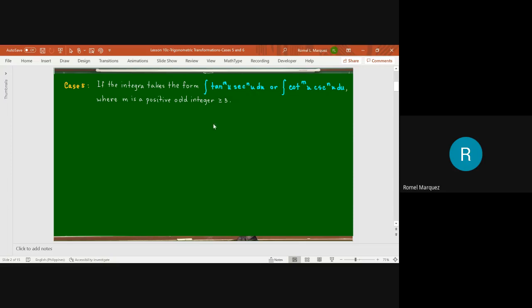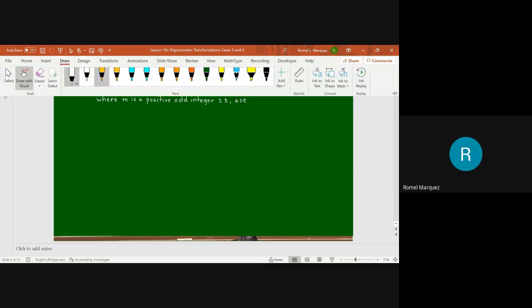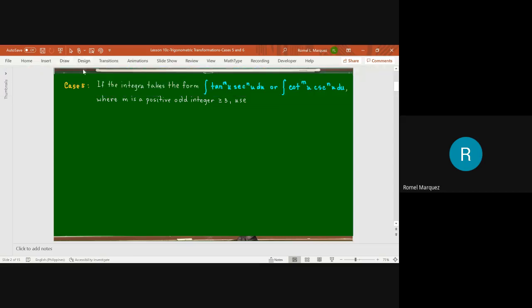Is that clear, guys? So if this is the case, use the following identities to transform either one coming from tangent to the m or one coming from cotangent to the m. Use the following identities. Which are we going to transform?